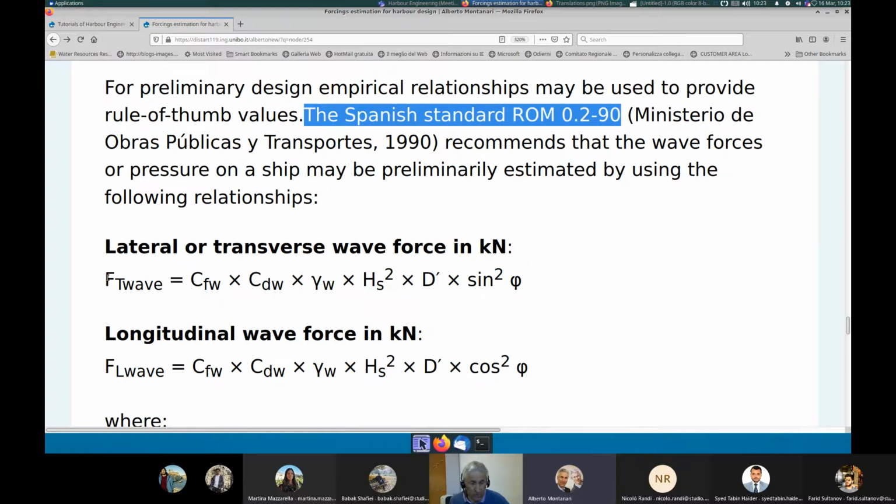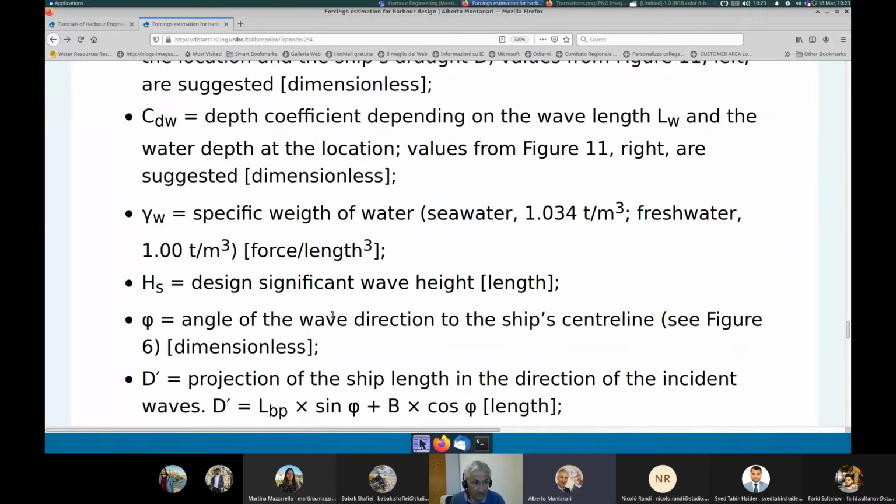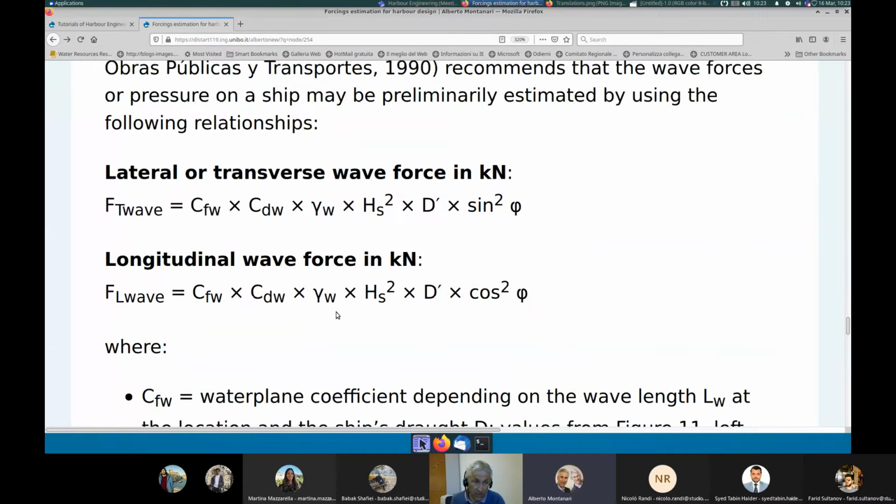empirical formulas with some physical basis to compute just a lateral force and a longitudinal force. So this is the overall result of oscillation and drift, okay, which is expressed as a function of basically wave direction, height, and some ship behaviors.